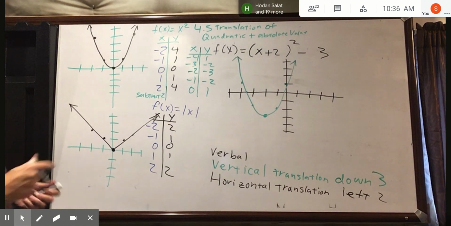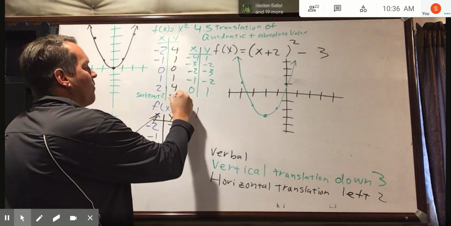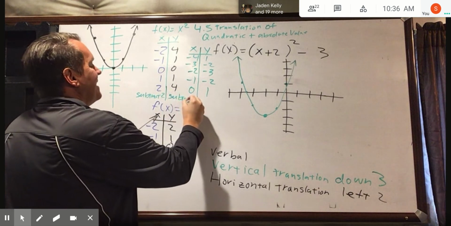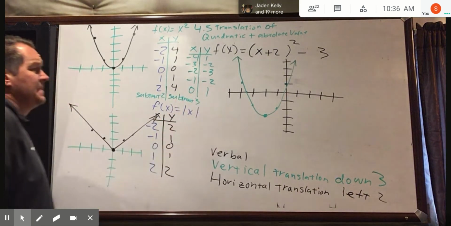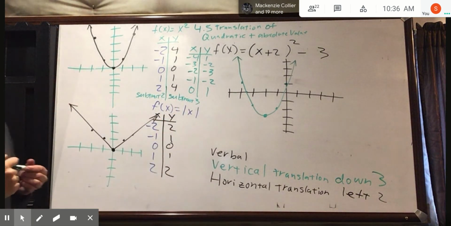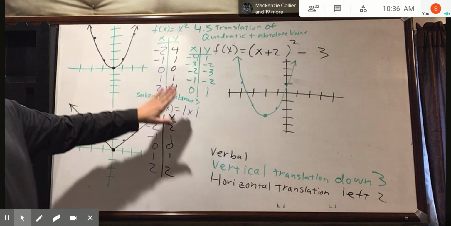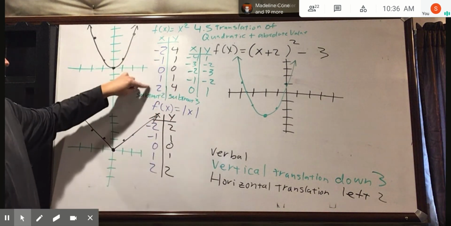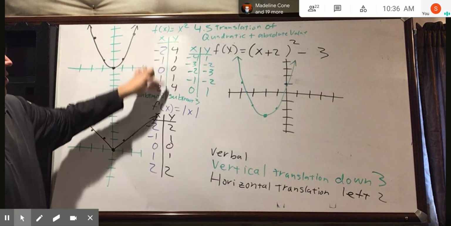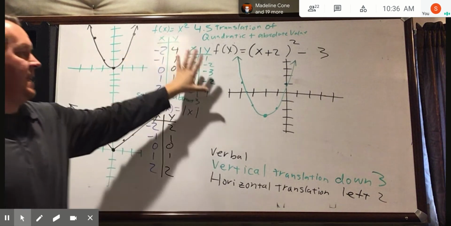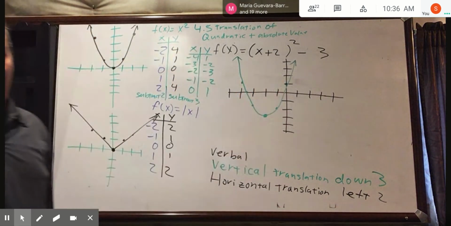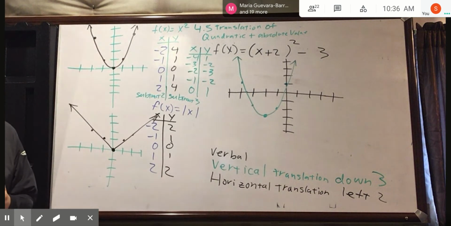Subtract 3. Yep, subtract 3. So like I said, some people are just going to take the table and subtract all the x values by 2, subtract all the y values by 3, and then take these points and make the graph. You can do it in either order.